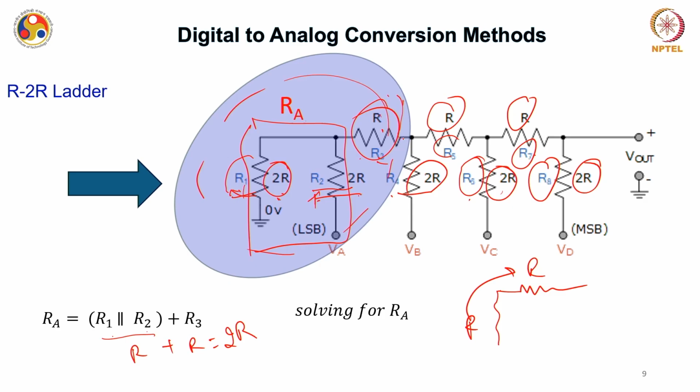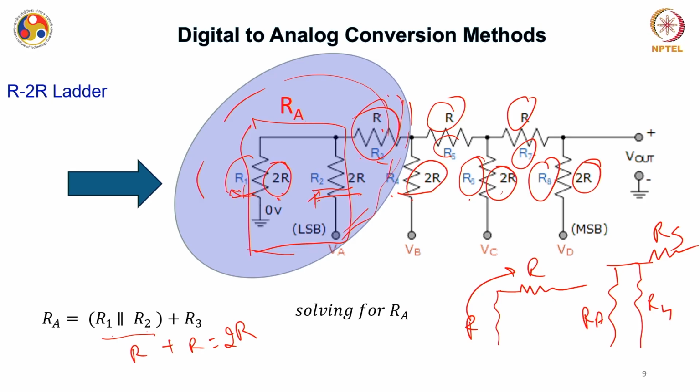Till this point, which is RA, we have got the value as 2R. Now this RA is in parallel with this 2R, which is R4, and this configuration is in series with R5.